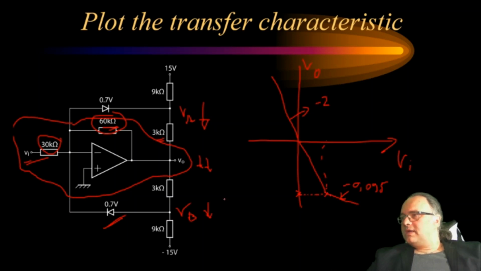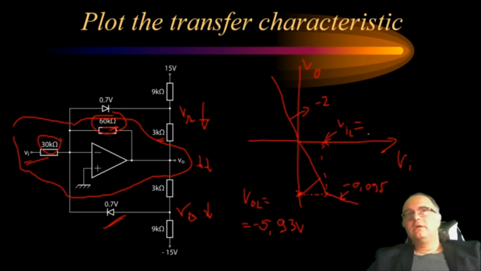And this happens for V out low, which is minus 5.93. So this will be for V in limiting 2.97.